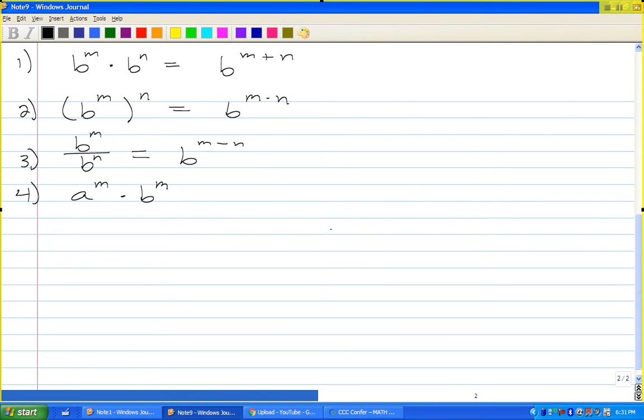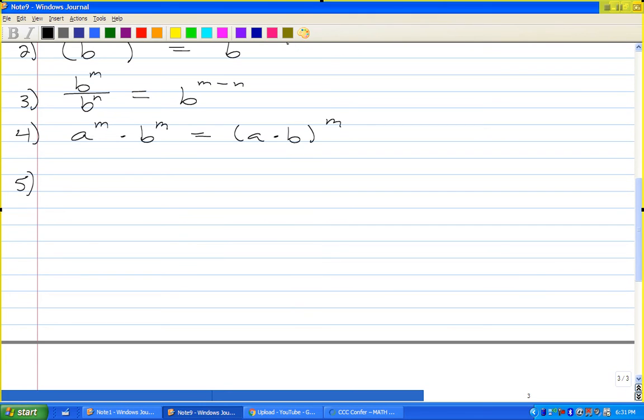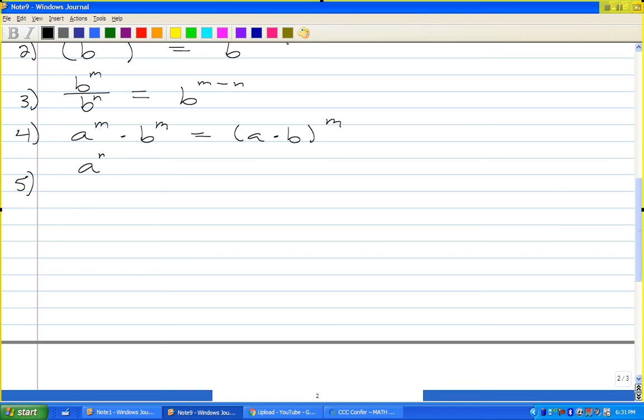So I have two different bases. I'm multiplying them together, but the exponents are the same. Then I can multiply these bases together and raise them to the exponent. Similarly, if I have some base a to the power m over another base b to the power m, then this is the same as a over b to the power m.